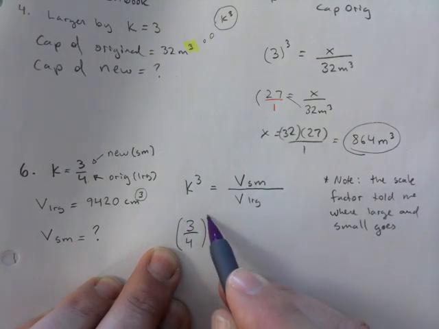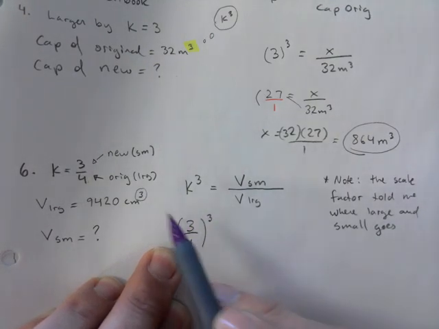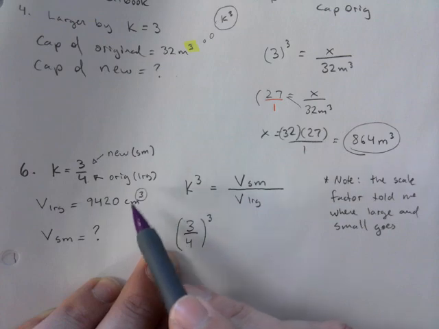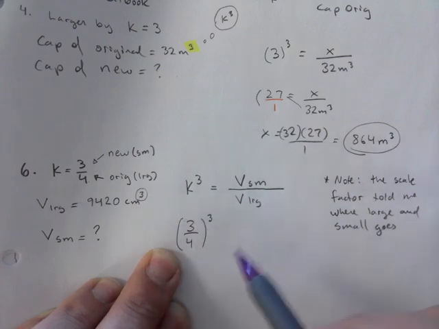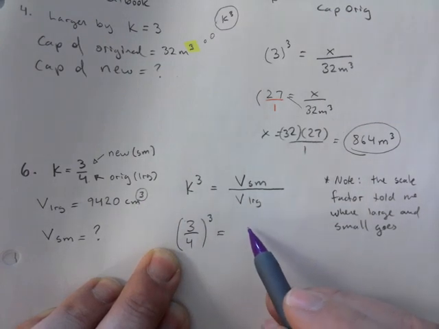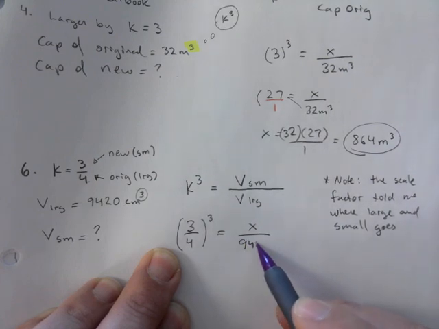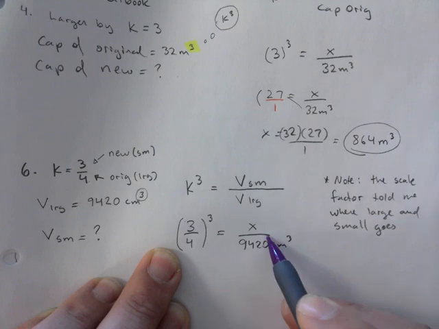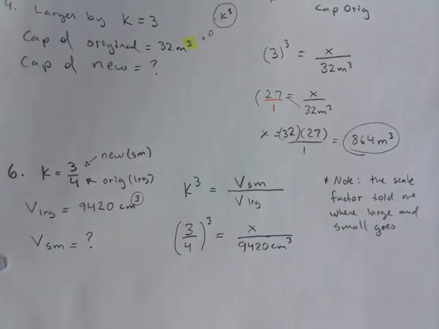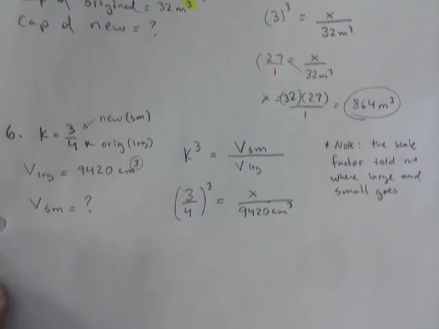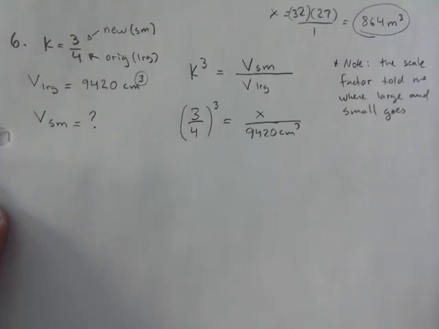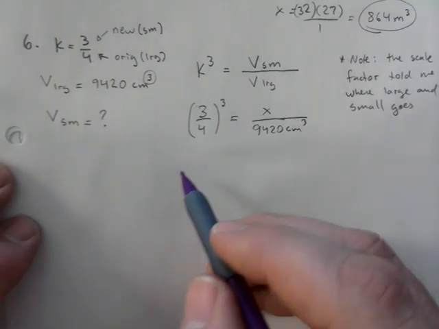Don't forget to cube it. It would have been squared if we were talking about area, or if you notice that your units are squared. Okay. So this is my unknown, and this is 9420 centimeters cubed. So here we go.